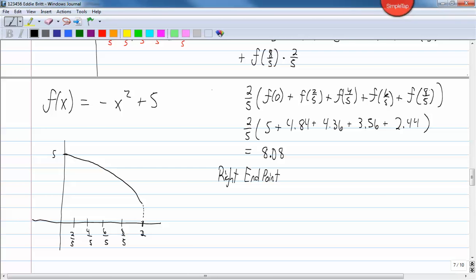That means that the height of my first rectangle is going to be here on the right side. Okay, so there's my first rectangle on the right side. In this rectangle, we use this height here on the right side.